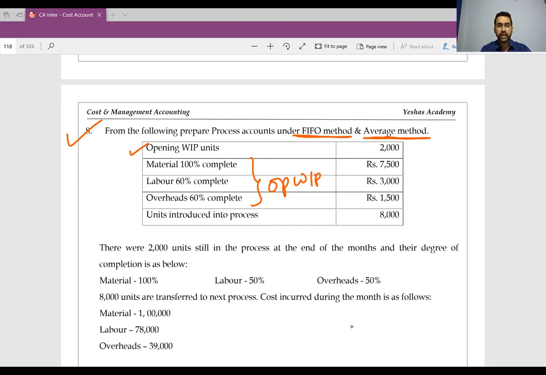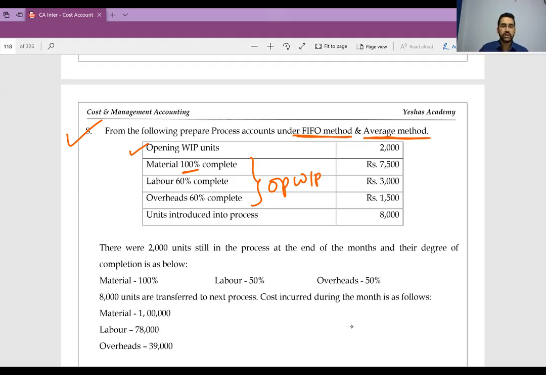If they say 100% material is complete, that means during the year, you don't have to spend anything for material. Labor, when they say 60% is there in opening WIP, you have to spend for another balance 40%. Overhead also 60% incurred. That means balance 40% you need to spend during the period.